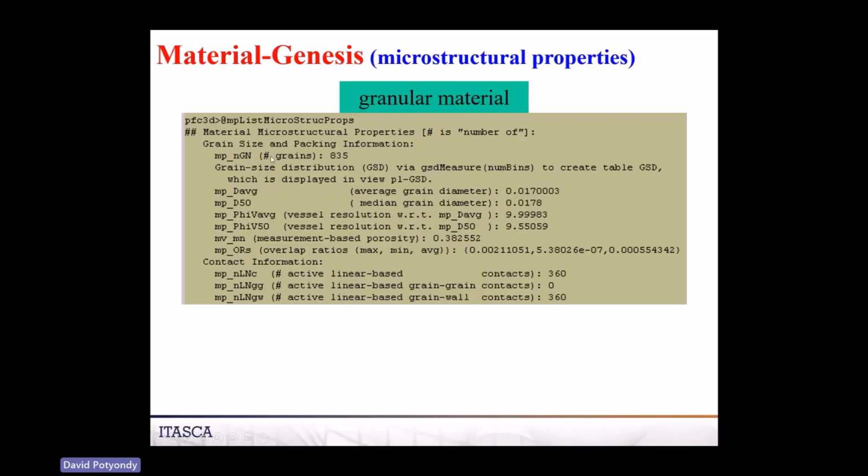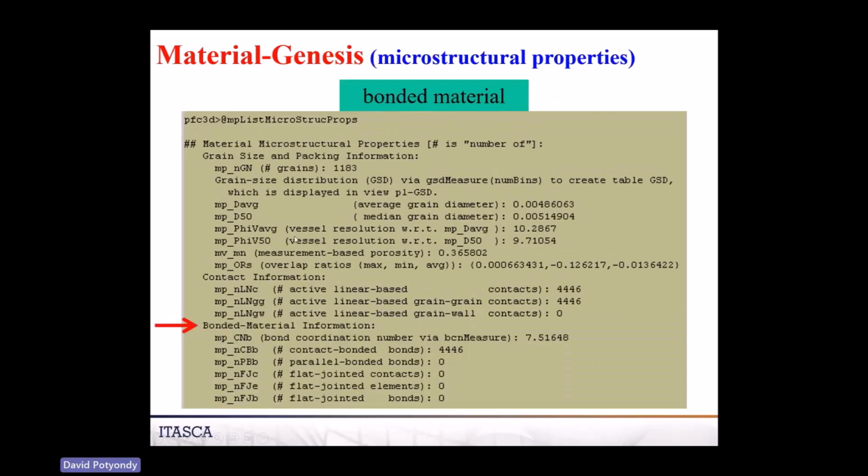So again, number of grains, size distribution in a plot window, average grain size, stuff like that. That's just for a granular material. For a bonded material, there's more information. So this is a contact bonded material. Number of contact bonded bonds, 44, 46. Bond coordination number, 7.5, etc. Okay.